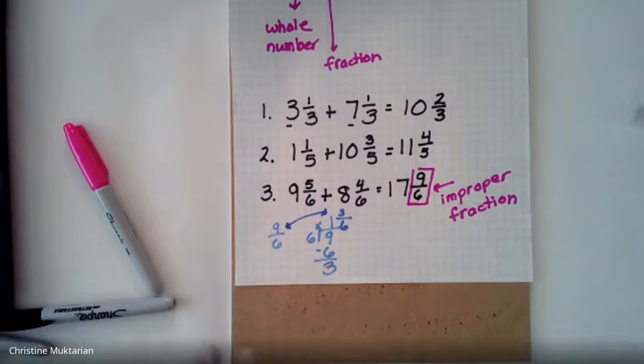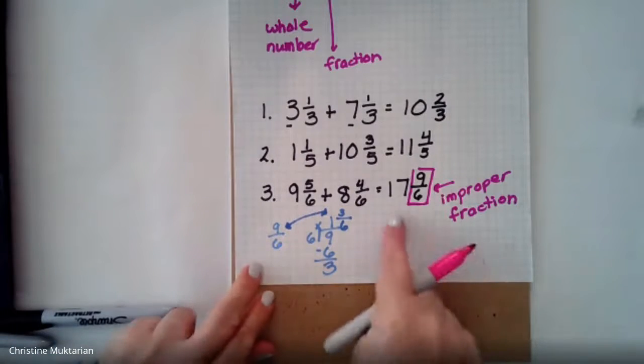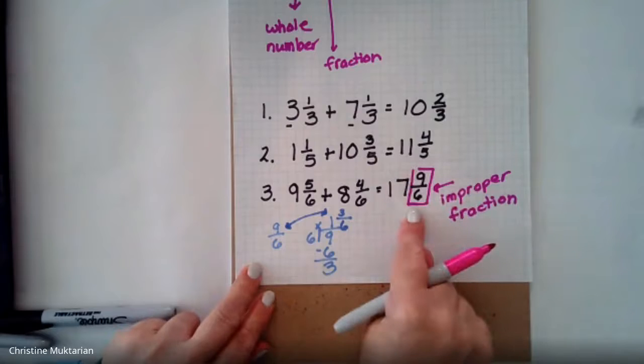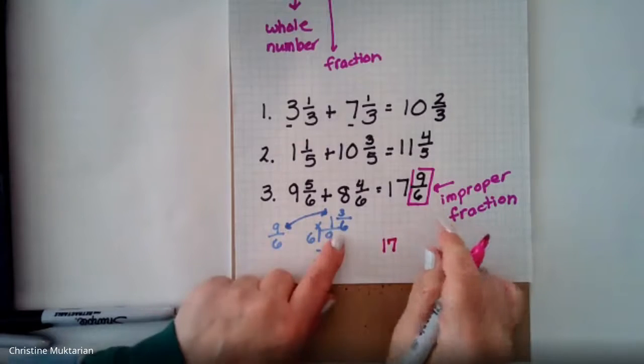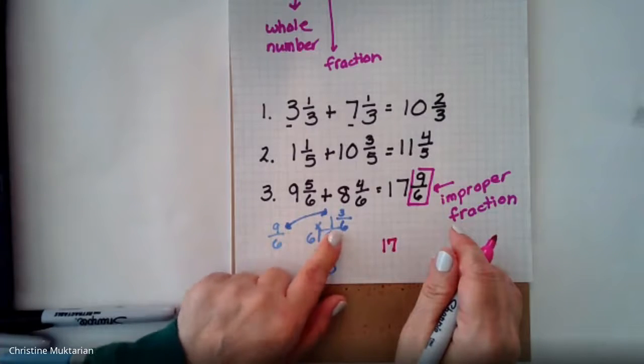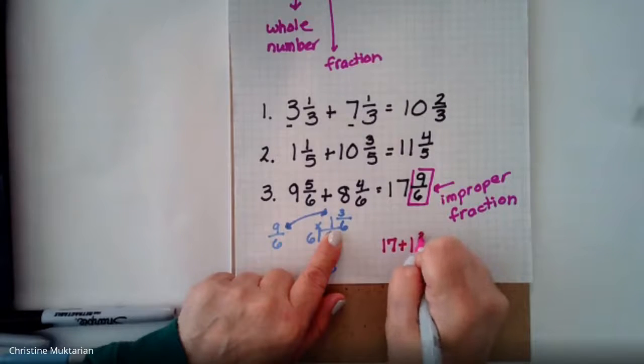All right, you're not done with your problem yet. You need to go back to what we got before, what our answer was before, which was 17 and 9/6. So we can't forget that 17. And we've changed 9/6 into 1 3/6. So what we need to do is just add them together.